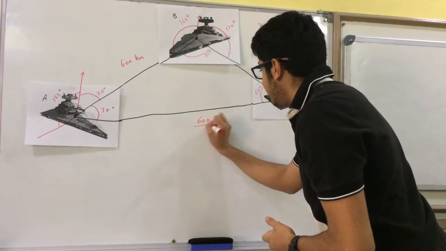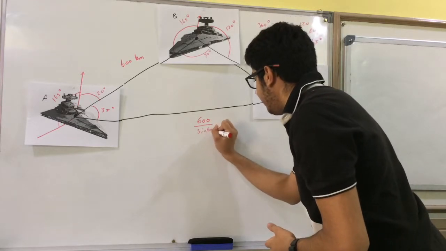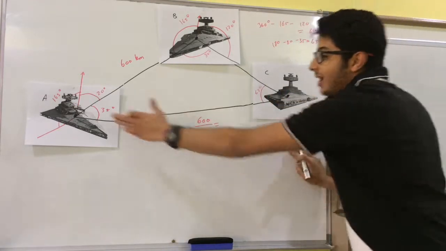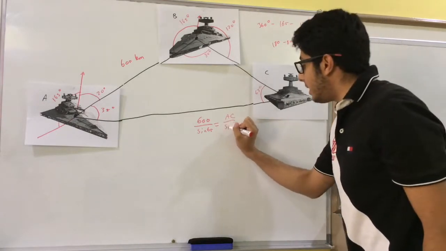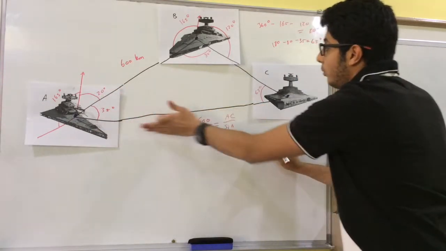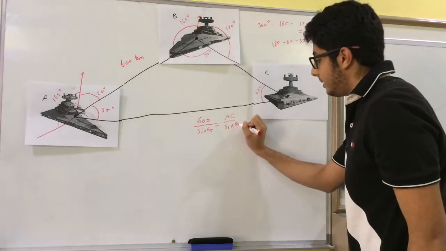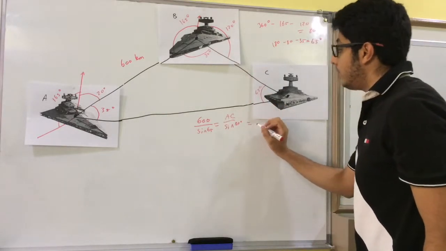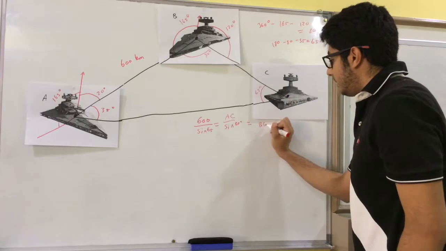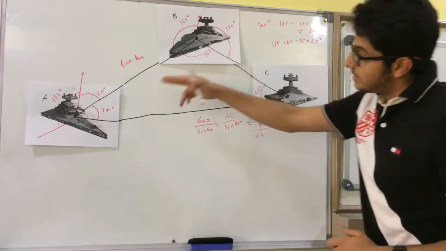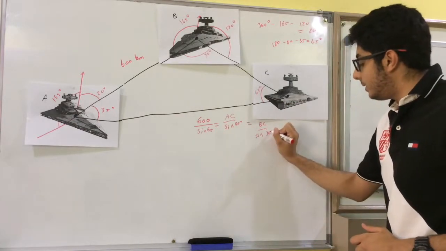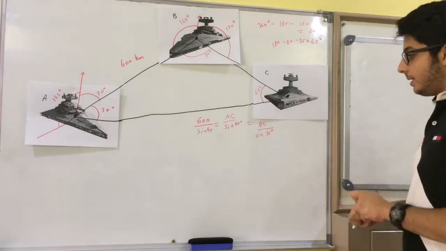Okay? 600 over the sine of 65 is equal to the side AC over the sine of its opposite angle, which is 80 degrees, which is equal to BC over the sine of its opposite angle, which is 35 degrees.